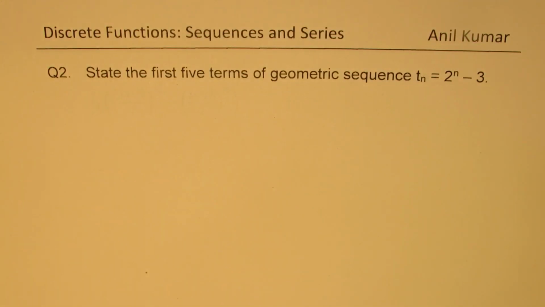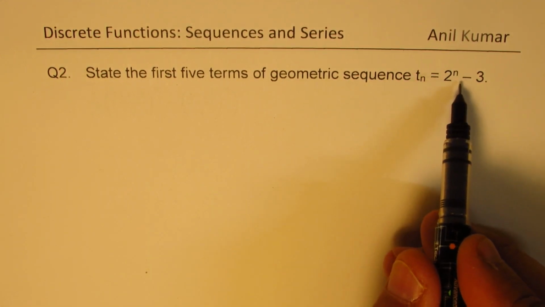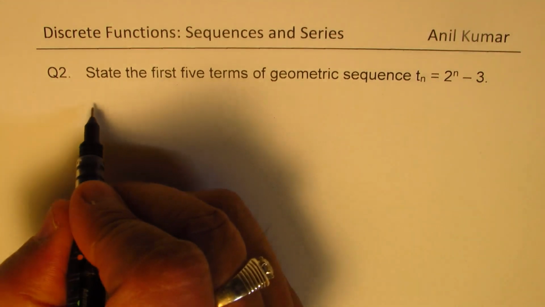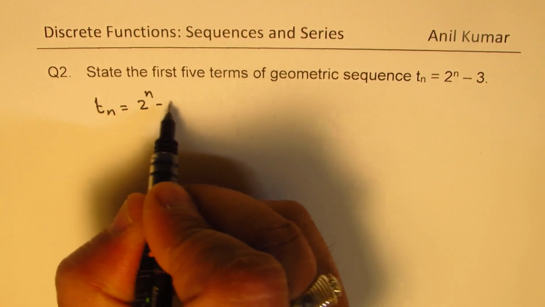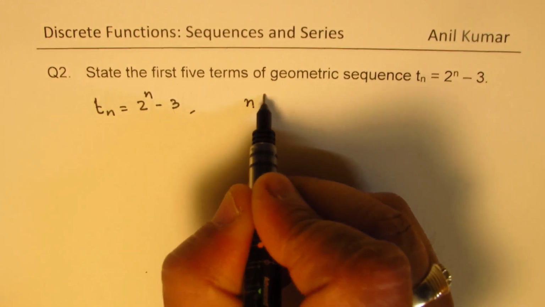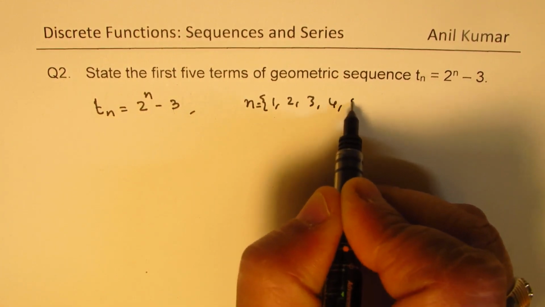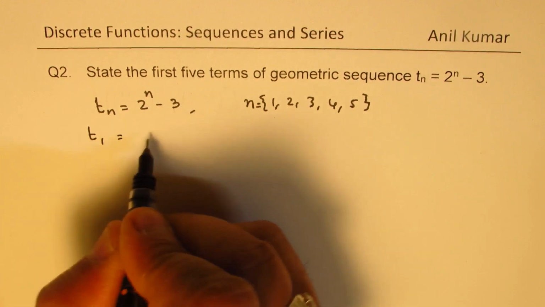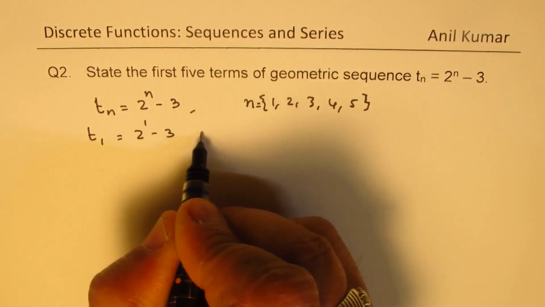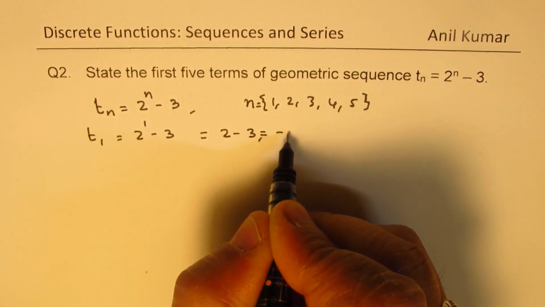Question number 2. State the first 5 terms of the geometric sequence Tn equals 2 to the power of n minus 3. So again the same thing. We have this formula Tn is 2 to the power of n minus 3. The numbers we are going to put will be 1, 2, 3, 4 and 5. So just calculate. T1 is 2 to the power of 1 minus 3, which is 2 minus 3, which is equal to minus 1.